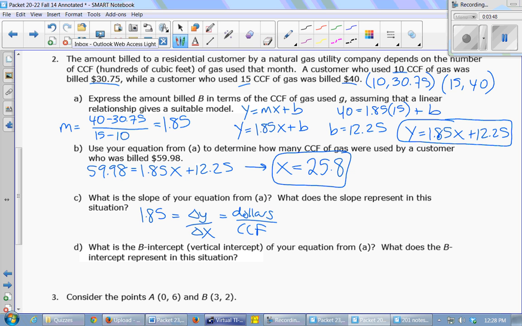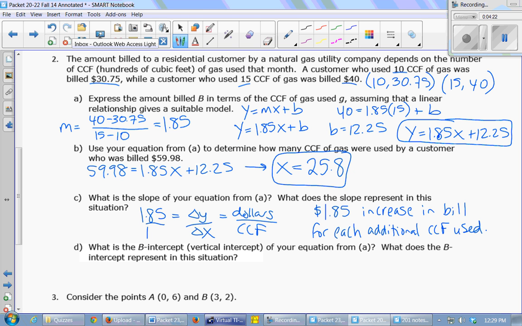So that 1.85, you can always write that as over 1, represents a $1.85 increase in the bill for each additional CCF used. Each additional CCF of gas used increases your bill by $1.85.